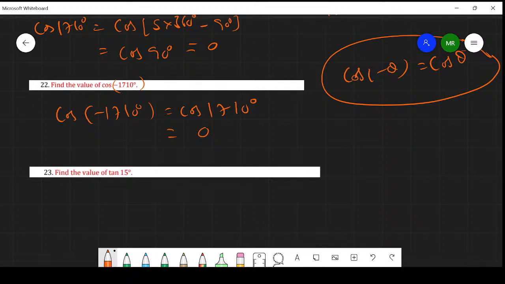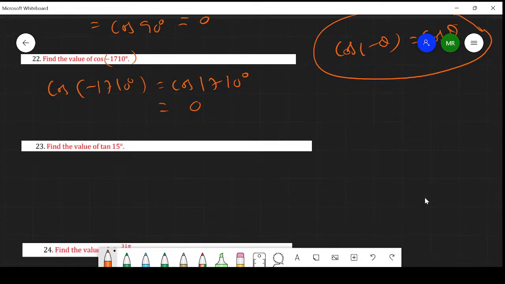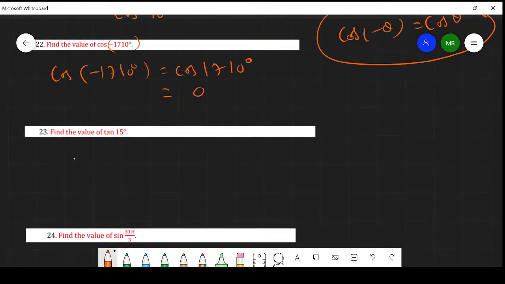Find the value of tan 15 degrees. How to do tan 15 degrees? You should consider the known values. Tan of, I can write, 45 minus 30. You write it in terms of known values: 45 degrees minus 30 degrees.